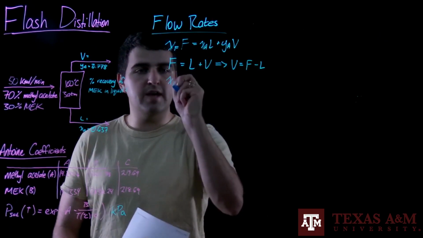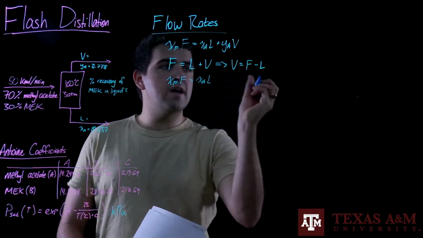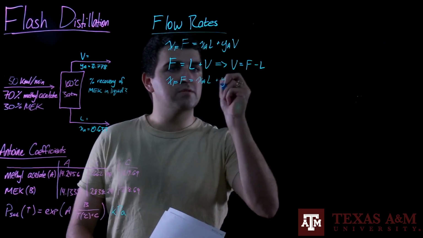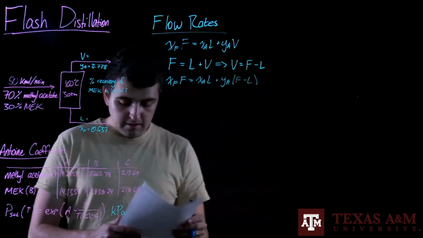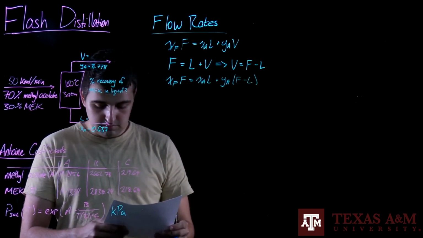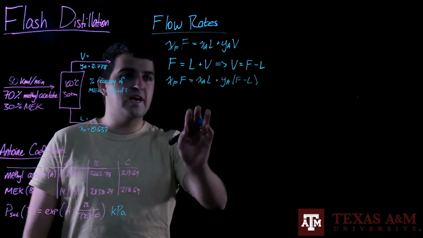We have XF of F is equal to XAL plus YA, F minus L. We can go ahead and expand this in and collect like terms.